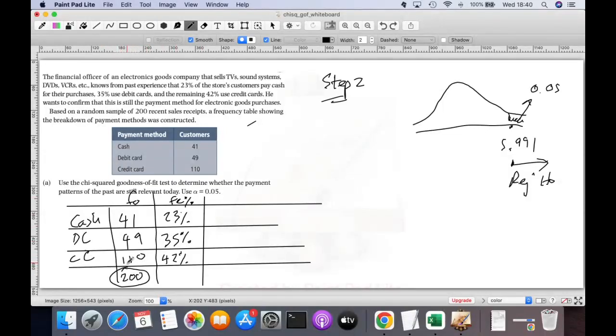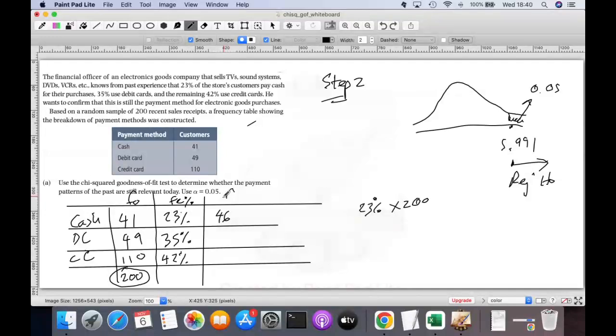Think about this logically. If you had 200 people, and if it was expected that 23% of them paid by cash, then what would be the number? You would work that out as 23% times 200, and if you work that out, you'll get 46.